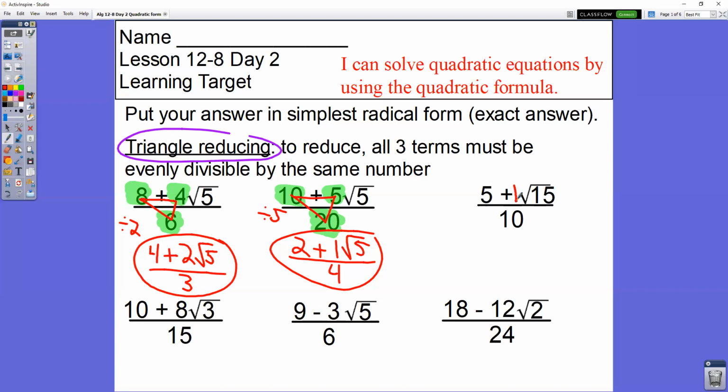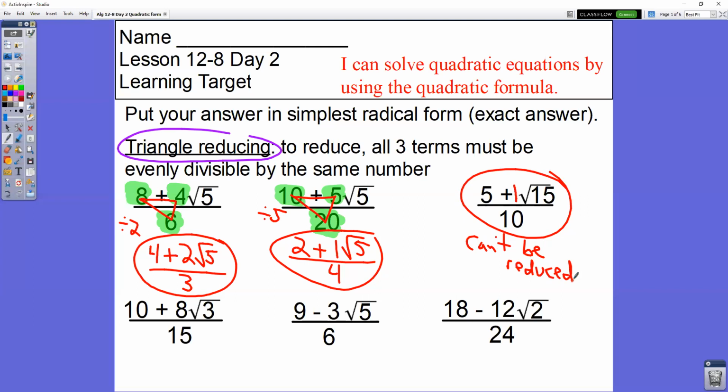So we're looking at the 5, 1, and 10. What's the biggest number that goes in evenly to 5, 1, and 10? 1. So can we do anything to that? Is dividing by 1 going to do anything? No. This is in simplest radical form already. If you want to write down that this one can't be reduced, it's as far as it can go already. It can't be reduced.